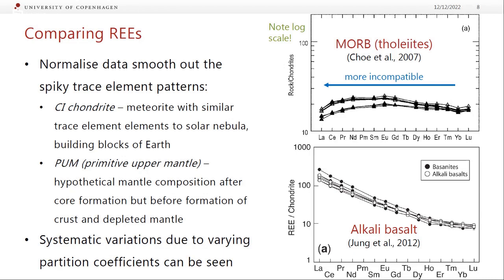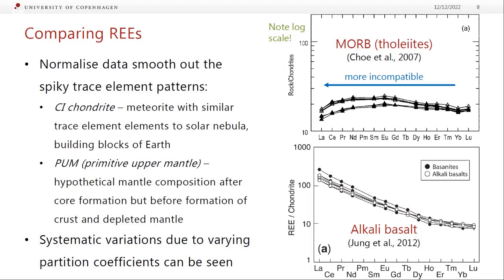And typically you'll divide it all by one of two things. The first one is something called CI chondrite. It doesn't matter what it is, it's a type of meteorite, and a very unique one because it basically has the same abundances of different elements as the solar nebula did.